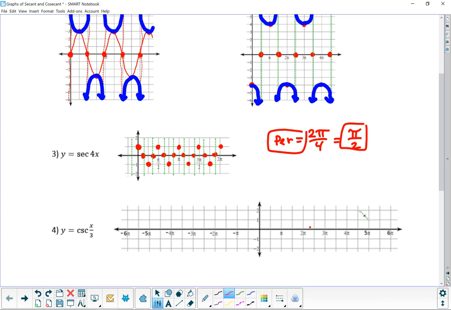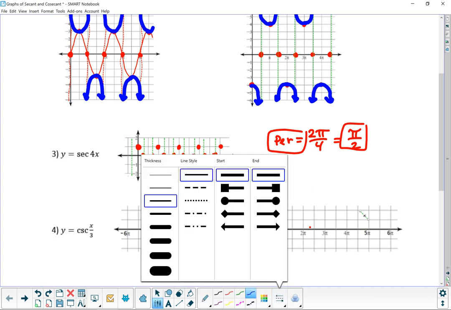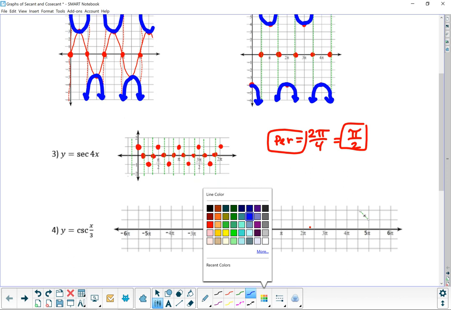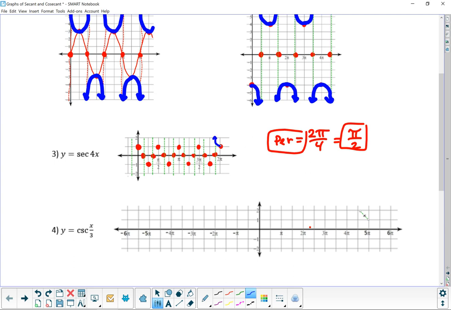Okay. And now I'm going to draw my parabolas. My parabolas are going to be at the top and at the bottom. So on this one right here, it's going to be like that. And on this one, remember the asymptotes help you draw it because you cannot go outside of the asymptote. Like that, like this.